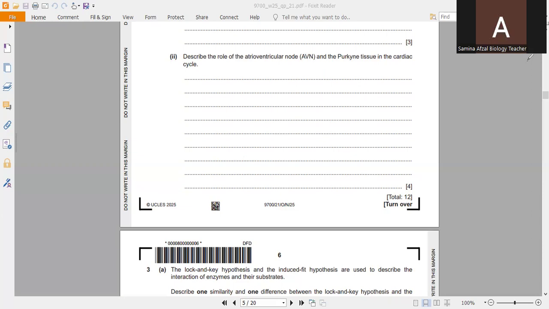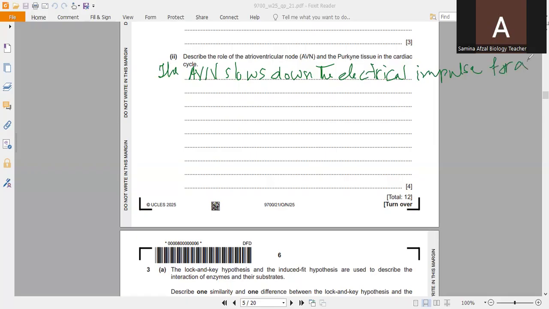The atrioventricular node picks up the wave that spreads across the atria, and slows down the electrical pulse for a fraction of a second.